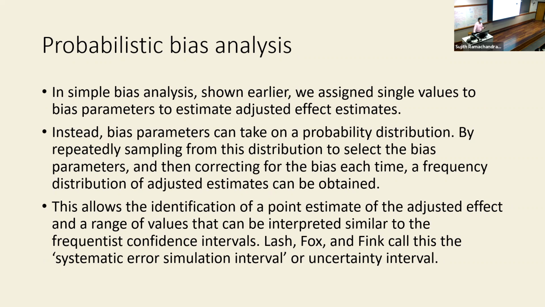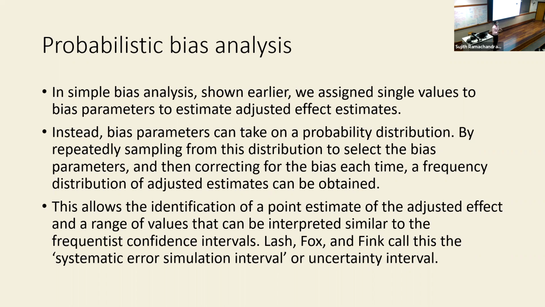With simple bias analysis, you were taking one value of a parameter, right? You were saying, hey, I think this is the exact number of selection proportions that we have, and I'm going to plug it into this formula, and I have this one magical number. That almost never flies in a manuscript. What you need to do is called probabilistic bias analysis, where instead of assuming that those parameters take one number, you assign some probability distributions to those parameters. So you don't say the selection proportion was 94% in this cell.